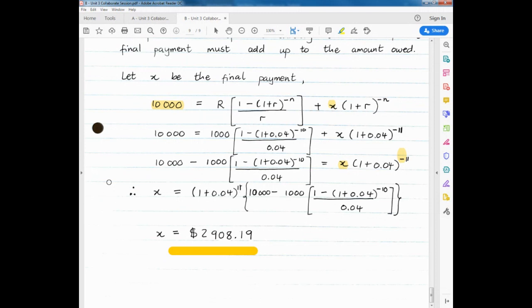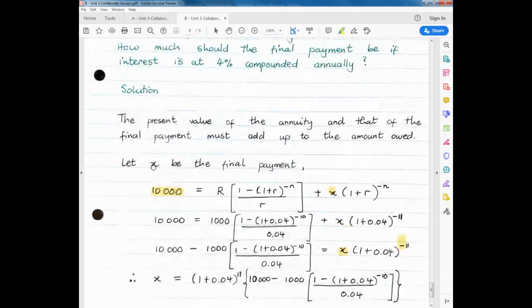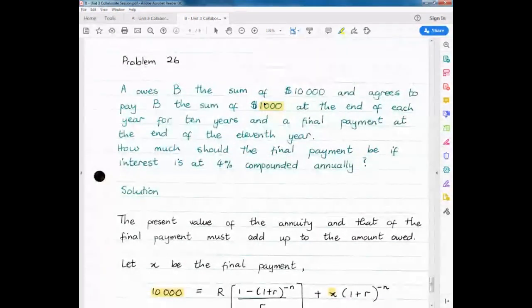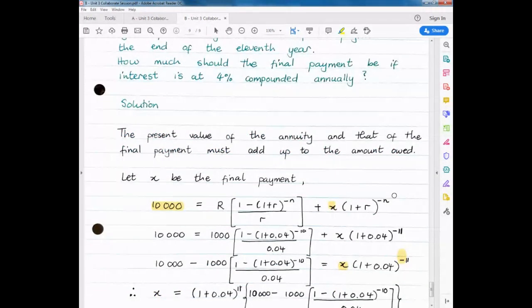I know it's a bit of a tricky one, but like I said, just simplify it by thinking this money now is worth 10,000. So you want to know what this annuity is worth now, plus what the final payment is worth now. This stuff for the final payment comes from earlier sections that you've done, the present value.